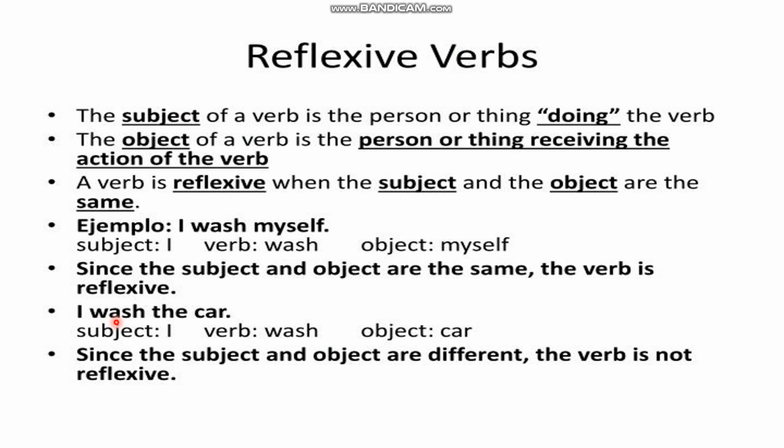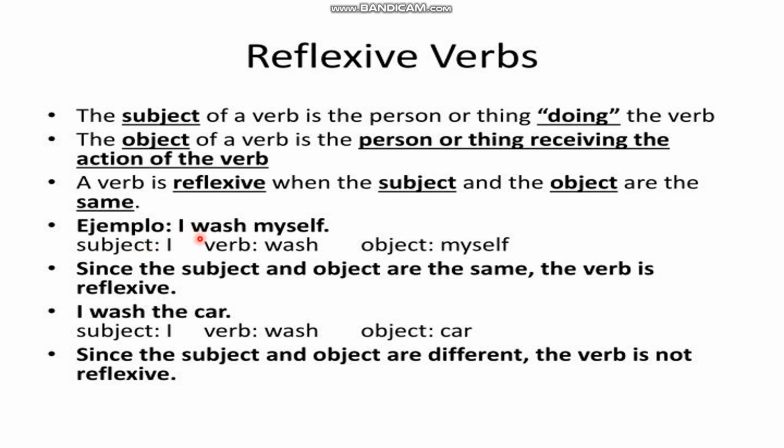Reflexive verb, they are the same here. It's like I'm translating. The subject of a verb is the person or thing doing the verb. The object of the verb is the person or thing receiving the action of the verb. The verb is reflexive when the subject and the object are the same. For example, I wash myself.